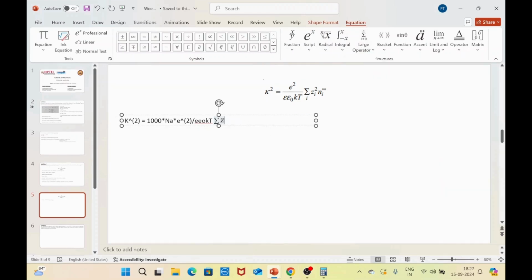and inside will be Zi square times Mi, that is your molarity. So now you can substitute your molarity in the equation.